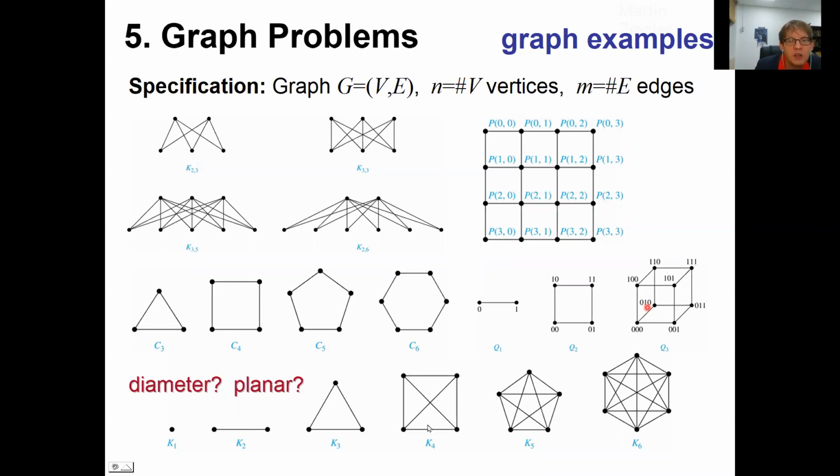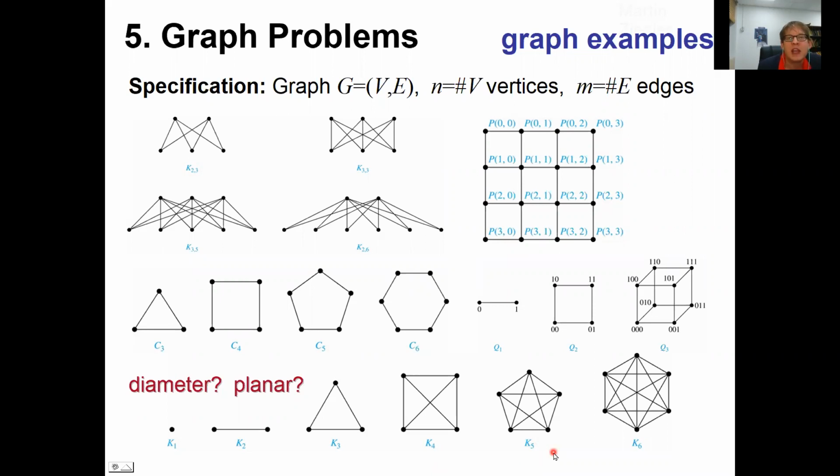For example, K4 is the complete graph with 4 vertices. The way it is drawn here, we see that these two edges are crossing, but it's also possible to draw the same graph without edges crossing. You can easily see how to do that. So that means K4 is actually planar, although it is not drawn in a planar way in this picture.